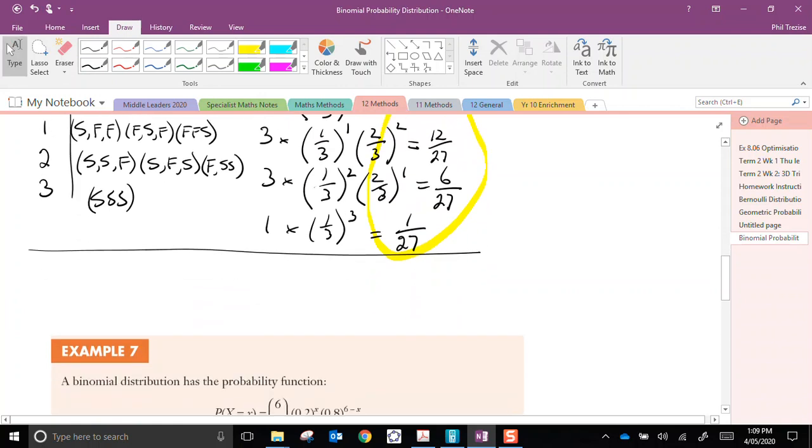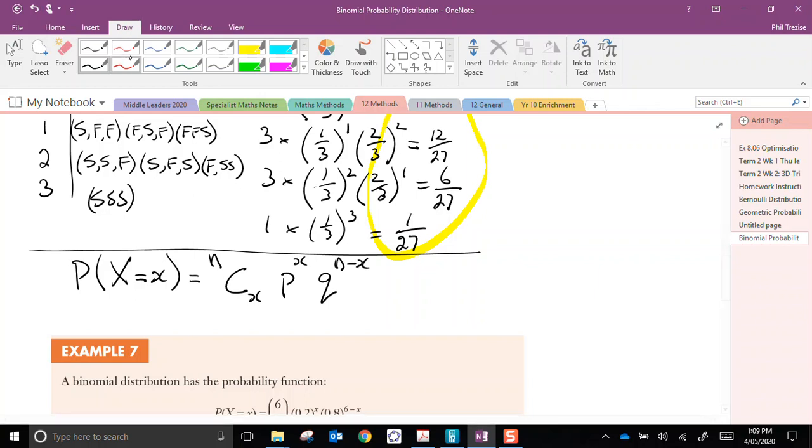Now there's a rule for this, and remember, capital X is our event. The event is the number of successes, and that could equal 0 or 1 or 2, etc. And this would equal n, the number of trials in the experiment, c, x, then our probability of success would be to the power of x, and our probability of failure would be to the power of n minus x.